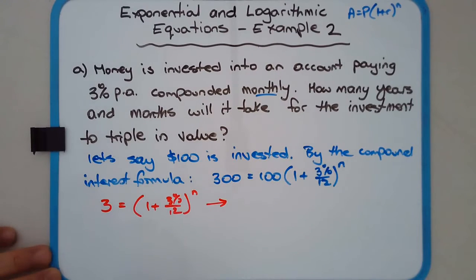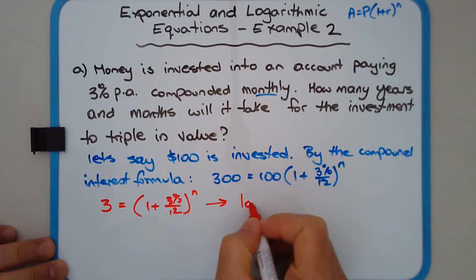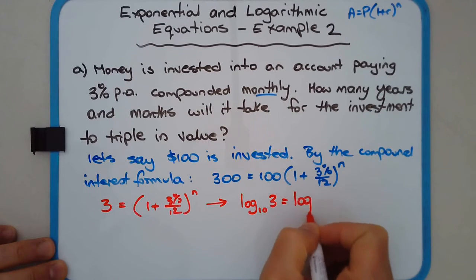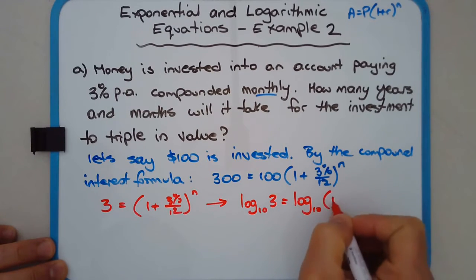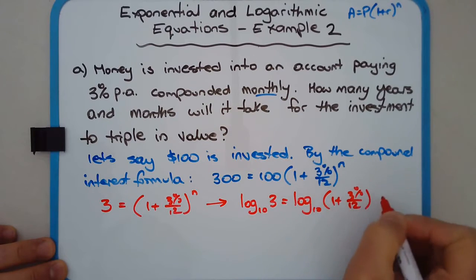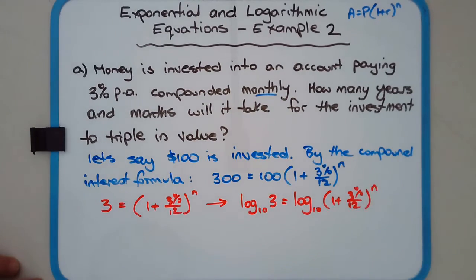So log base 10 of 3 is equal to log base 10 of 1 plus 3% over 12 to the power of n.